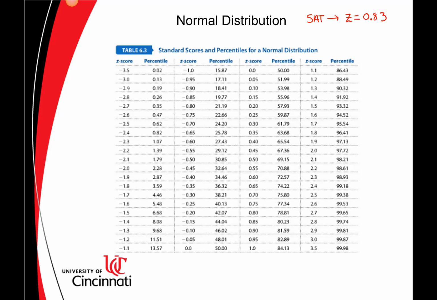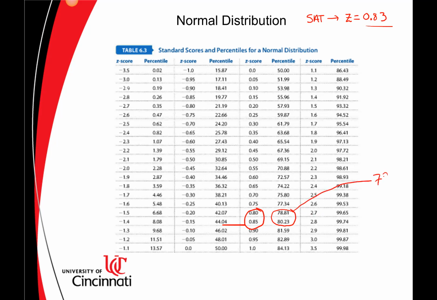What you do is look up whatever the z-score is. If you look down here, here's 0.8 and 0.85. There isn't 0.83, so we're in between those two. Once you find the z-score you're interested in, you look over and it gives you the percentiles.